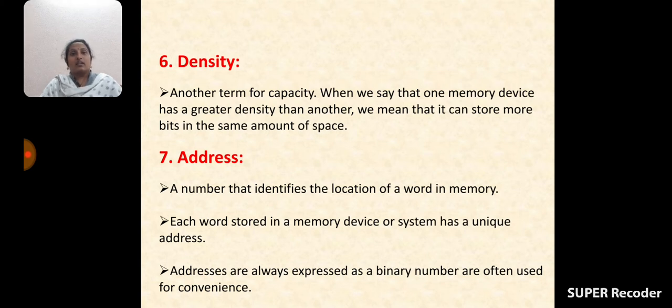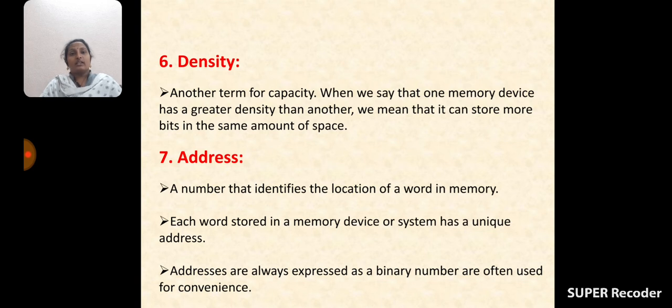Address. A number that identifies the location of a word in the memory. Each word stored in a memory device or system has a unique address.